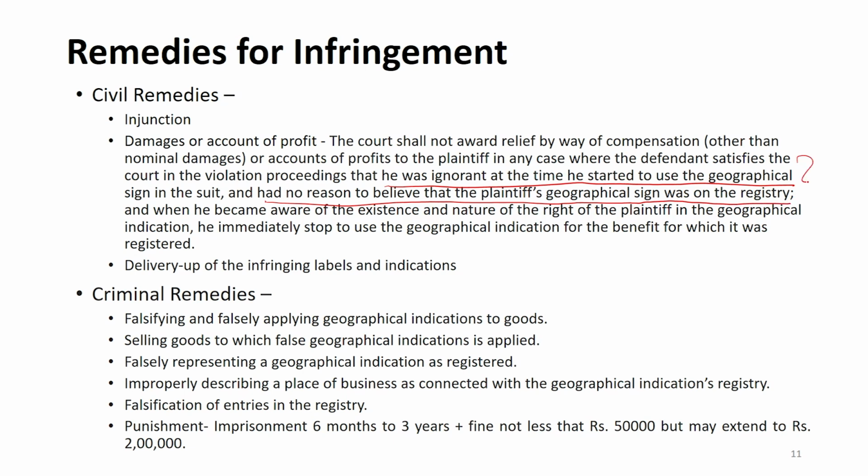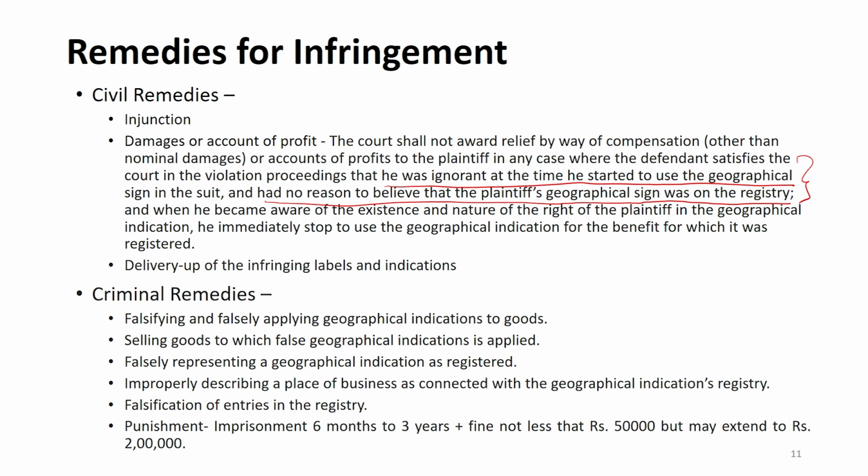So, innocent infringement is given some space here. Damages or account of profit, except for nominal damages of course, will not be paid if the defendant can prove that he was ignorant at the time when he started using the geographical sign, or he had no reason to believe that this geographical sign was on the registry.